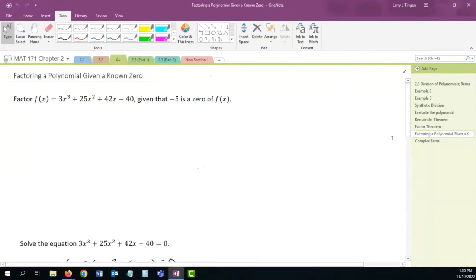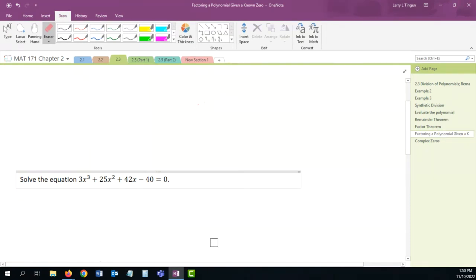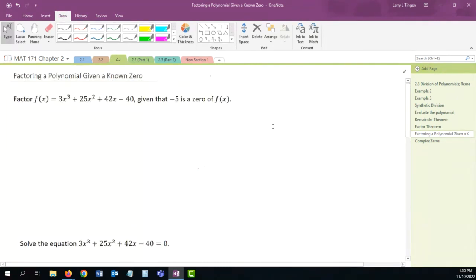Okay. Now, what if I just tell you one of the zeros of a polynomial, and then I ask you to find the others? So f of x is 3x cubed plus 25x squared plus 42x minus 40. And I'm given that negative 5 is a 0 of f of x.